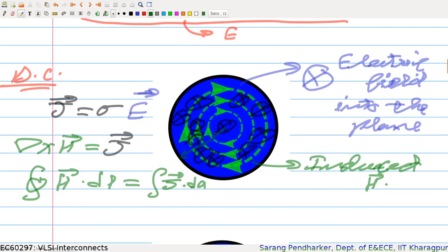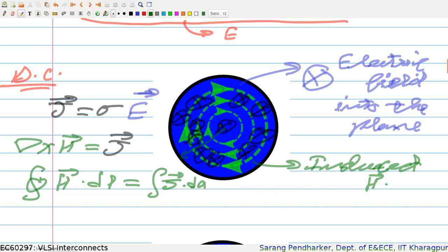However, the area scales as a square with the radius. So effectively, as I am going away from the center of this conductor, I am enclosing more and more current, and therefore my magnetic field intensity is expected to be more towards the edge as compared to the center. That is indicated by the increasing size of these arrows in here.